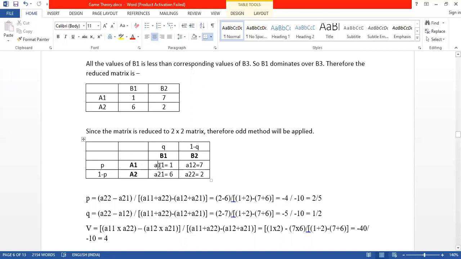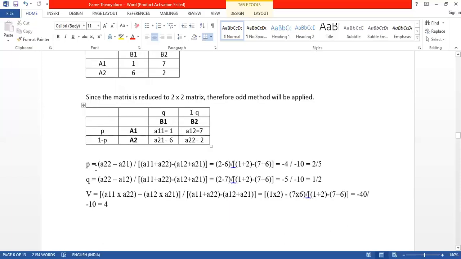One stands for row, one stands for column. So first row and first column is A11. Here it is first row, but second column, so it is A12. Here it is second row but first column, so it is A21. And here it is second row and second column, so A22. Right?